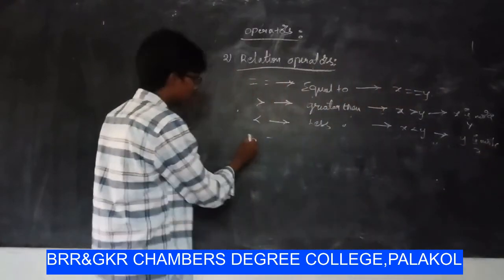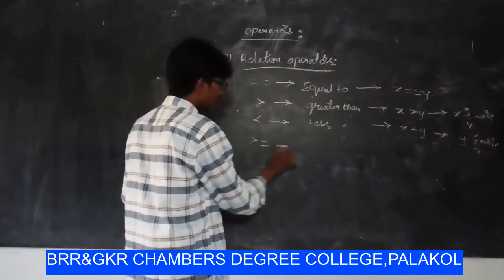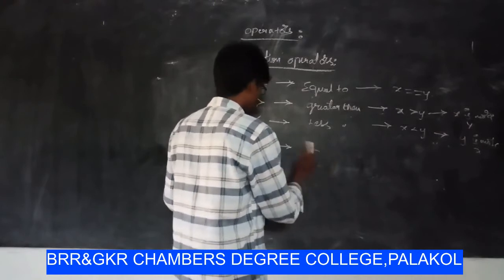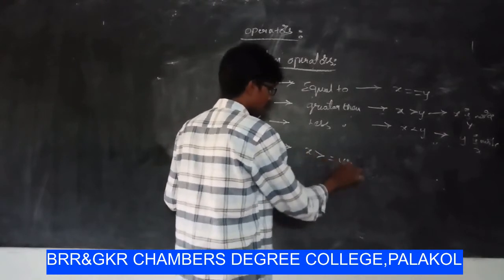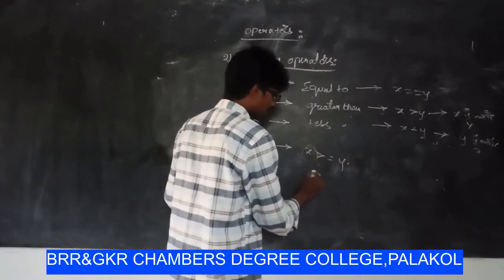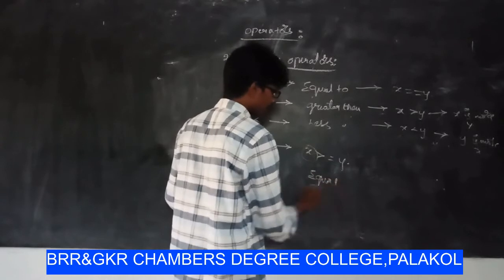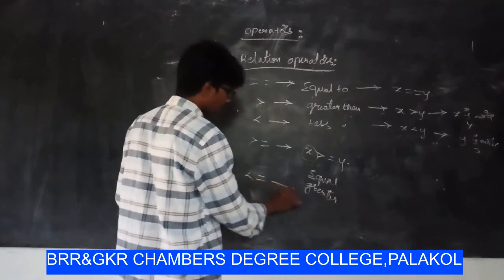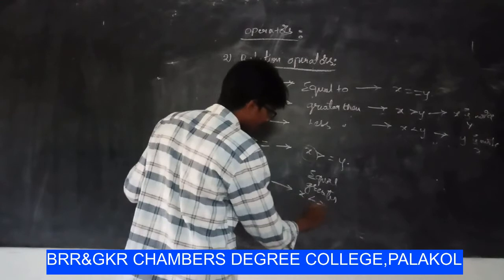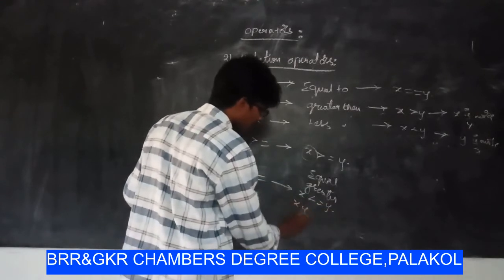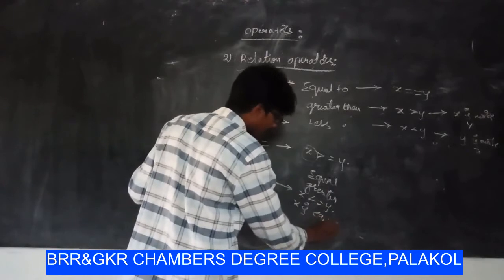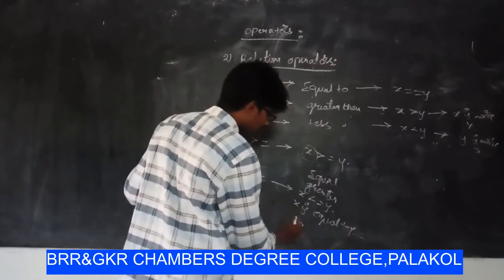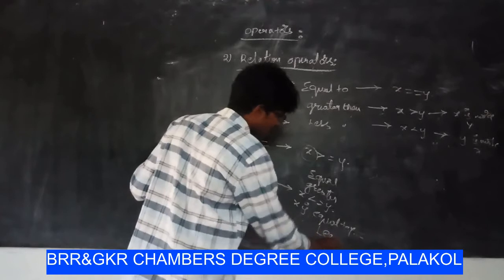Next is greater than or equal to, which means x is in some conditions equal and in some conditions greater. Similarly, less than or equal to means x is equal to y in some conditions and x is less in others.